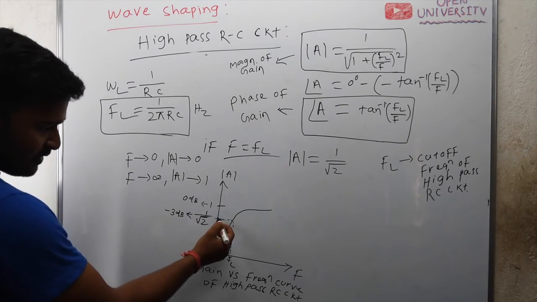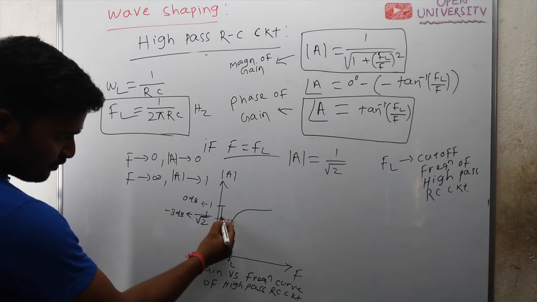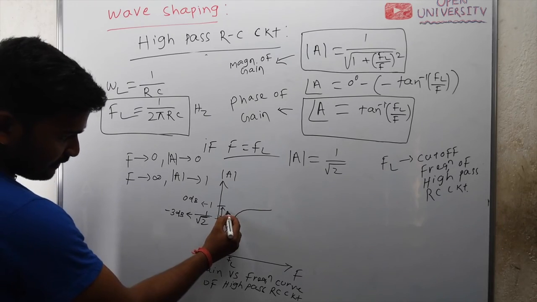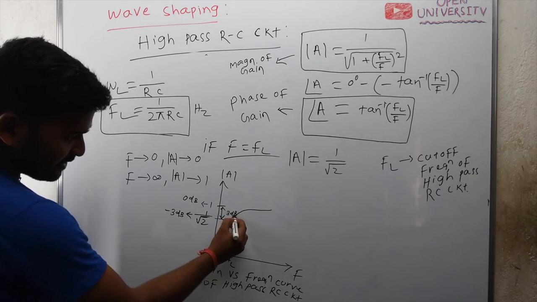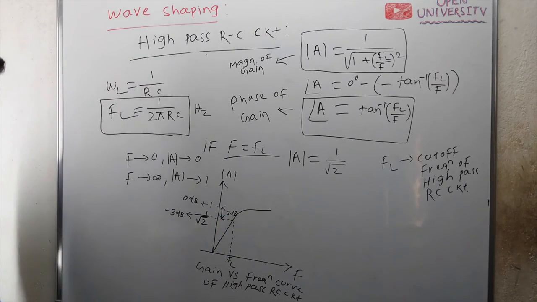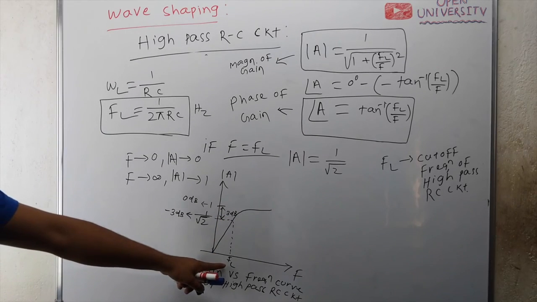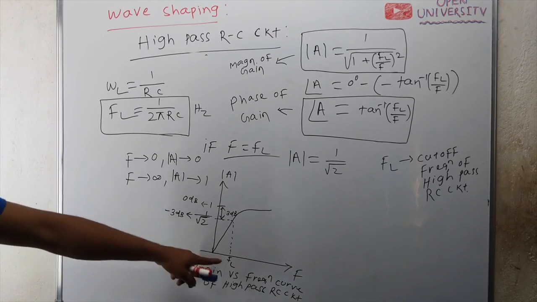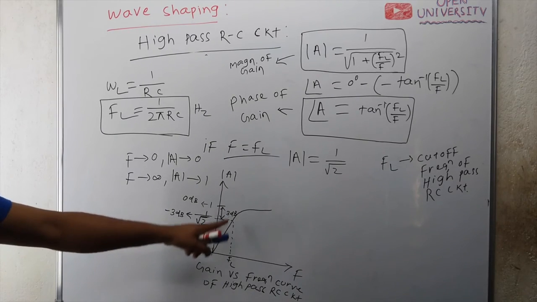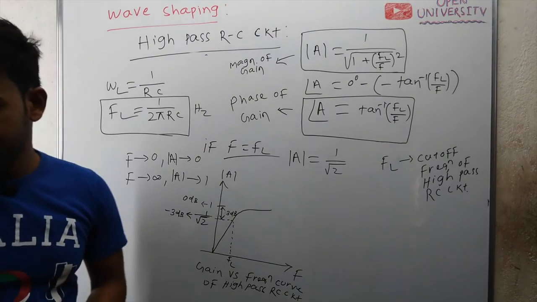From this to this, how much dB is reduced? By 3 dB. This gap is 3 dB. So the frequency at which gain is reduced by 3 dB is said to be the 3 dB frequency.